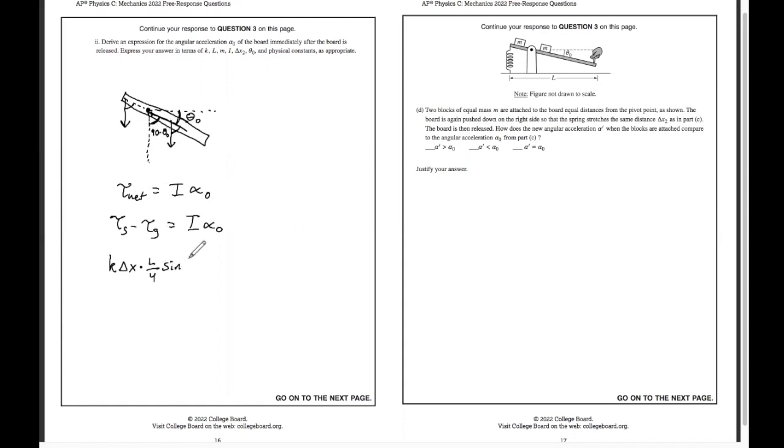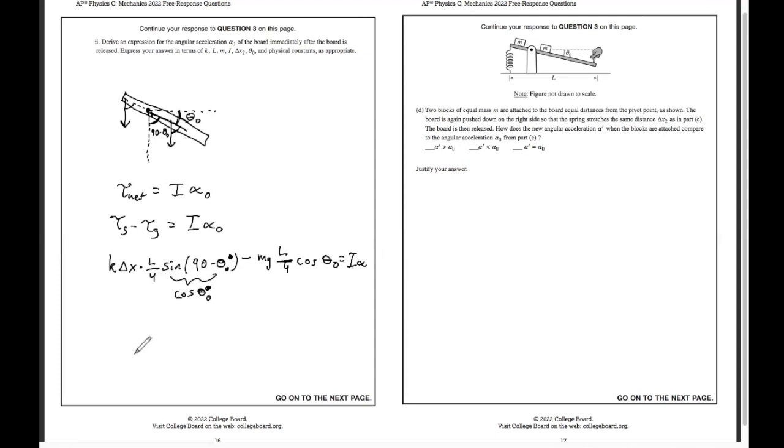So it's actually going to be sine of 90 minus theta naught, which happens to be cosine of theta naught. And if you just leave it as sine of 90 minus theta naught, that is perfectly fine. It's still a valid solution. So minus mg L/4 cosine of theta naught. I'm just going to go ahead and do that right now. Okay, and that's all equal to I times alpha.